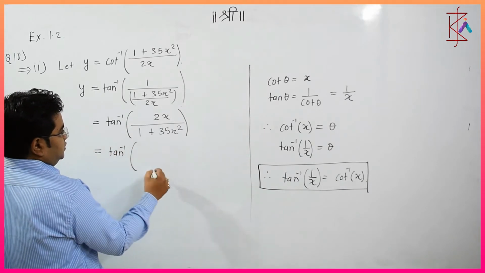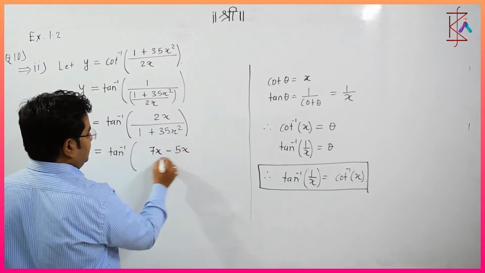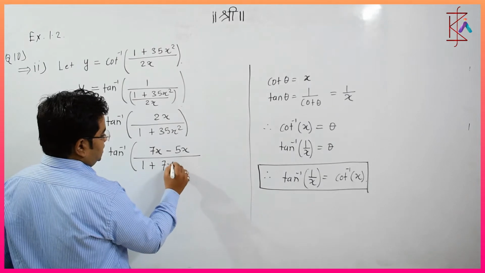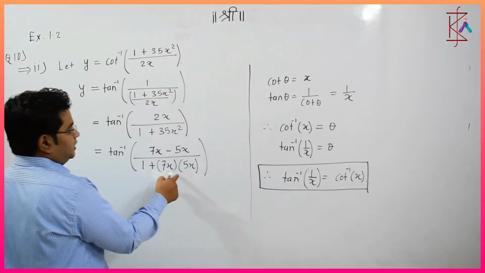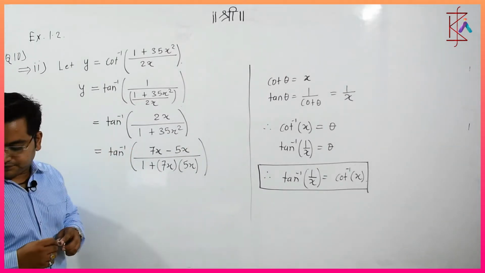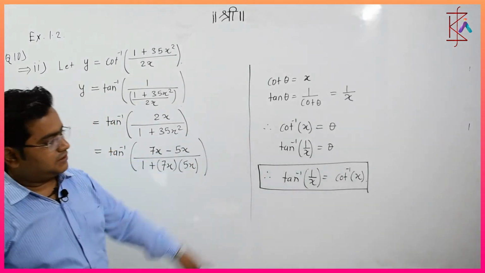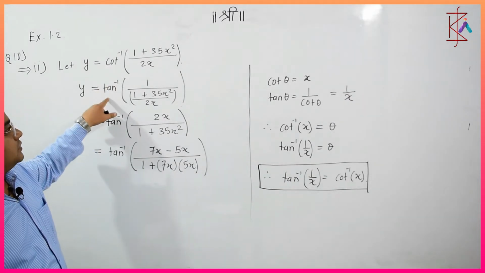So tan inverse of (7x minus 5x) divided by (1 plus 7x into 5x). Again we can use that formula. What is that formula? I need to write that formula, so I would like to erase this thing. Hope you got it, how exactly we converted this cot inverse to tan inverse.